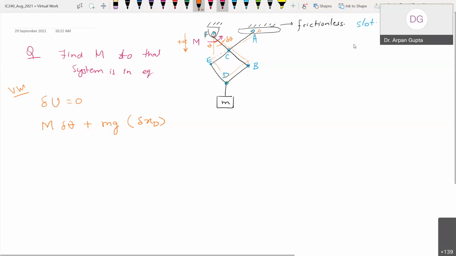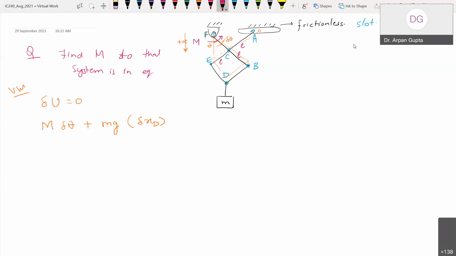Now this is quite straightforward to write, but we have to find a relationship between theta and xD. If you see these link lengths, they are all equal to L. I forgot to mention that.